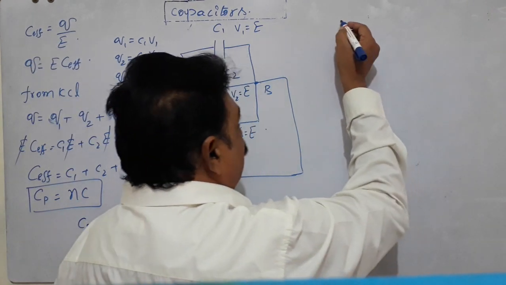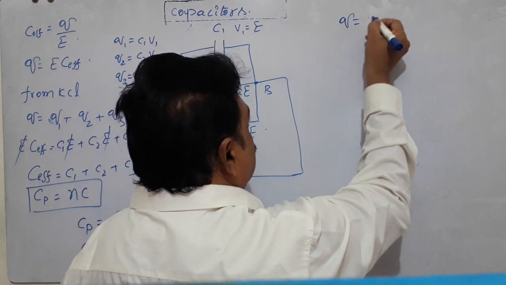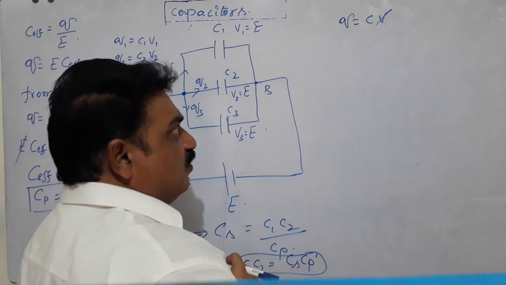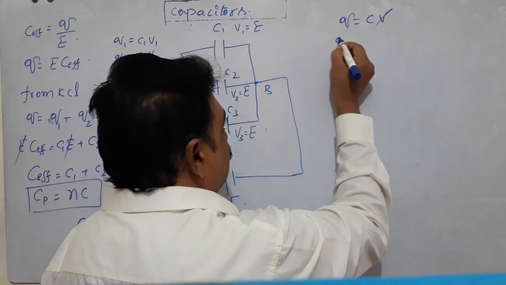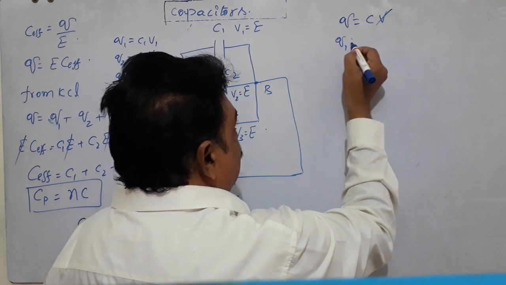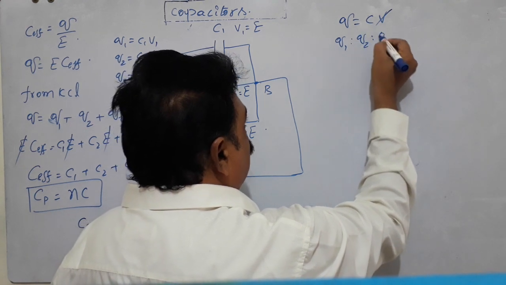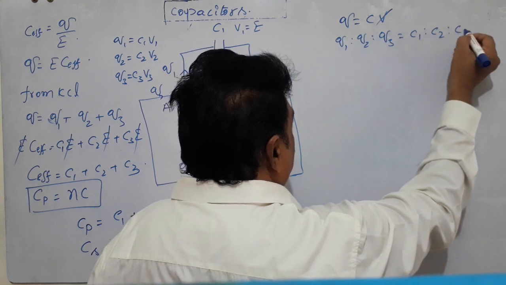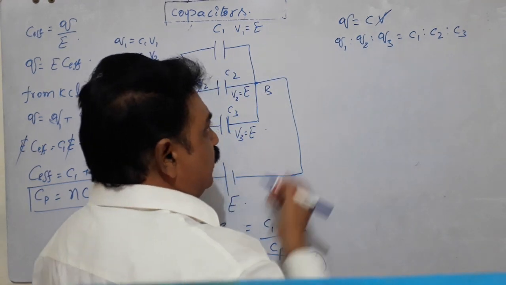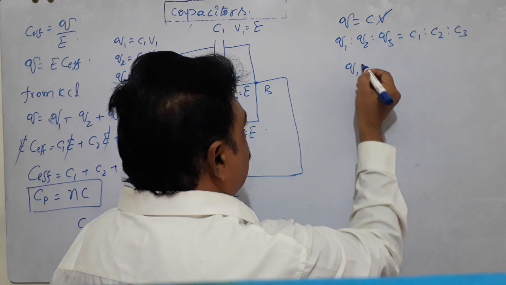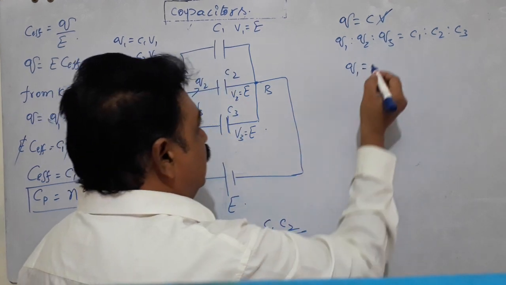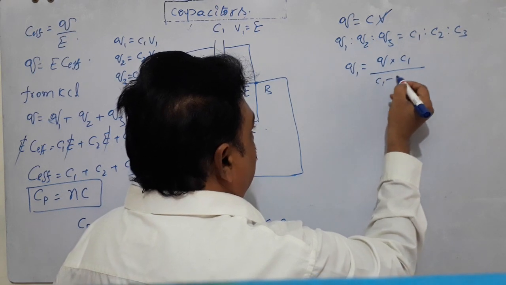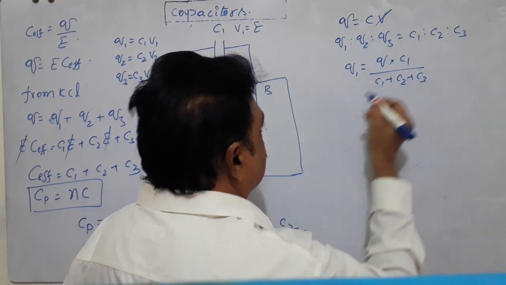See, as you know that Q is equal to CV. Here in parallel combination, V is a constant factor. Then Q1 is to Q2 is to Q3 is equal to C1 is to C2 is to C3. So Q1 is equal to the total charge Q into C1 by C1 plus C2 plus C3.